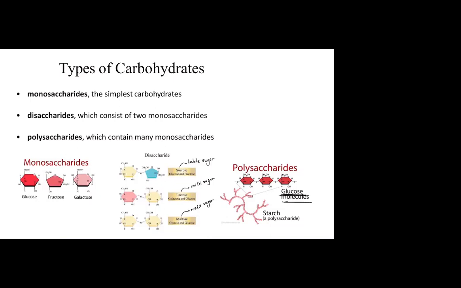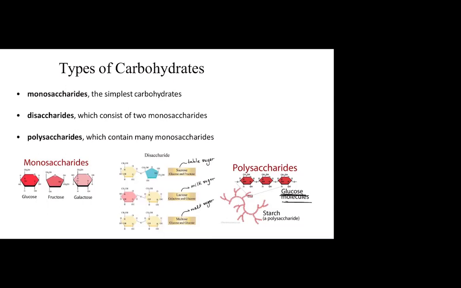To give you an example, this is a molecule of starch. We're going to see how starch is made out of 2 polymers, but this is just illustrating a polysaccharide, which we know as starch.